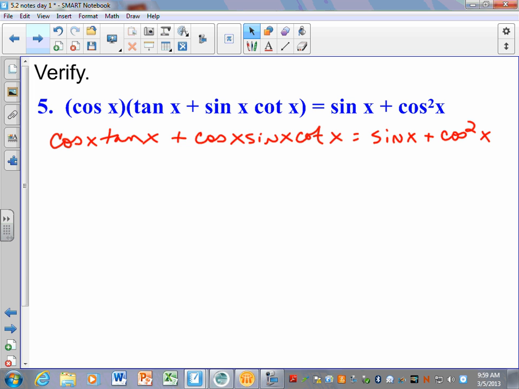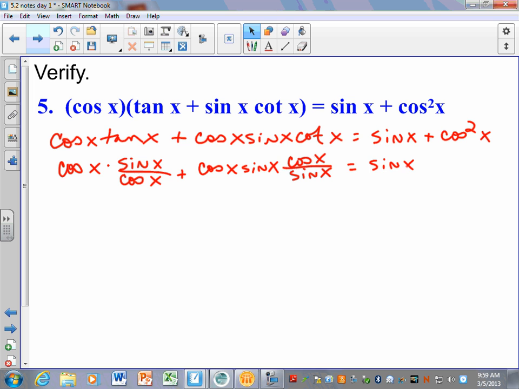So I'm going to rewrite all this again, but I'm going to change tangent to sine of x over cosine of x. And I'm going to change cotangent to cosine of x over sine of x. Again, see how important it is to know these identities. And then from there, you should see some simplifying that's going to happen.